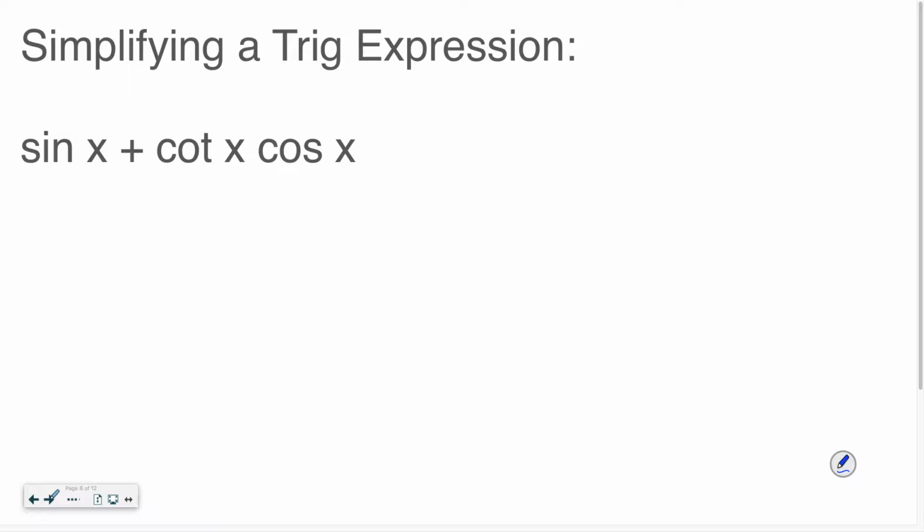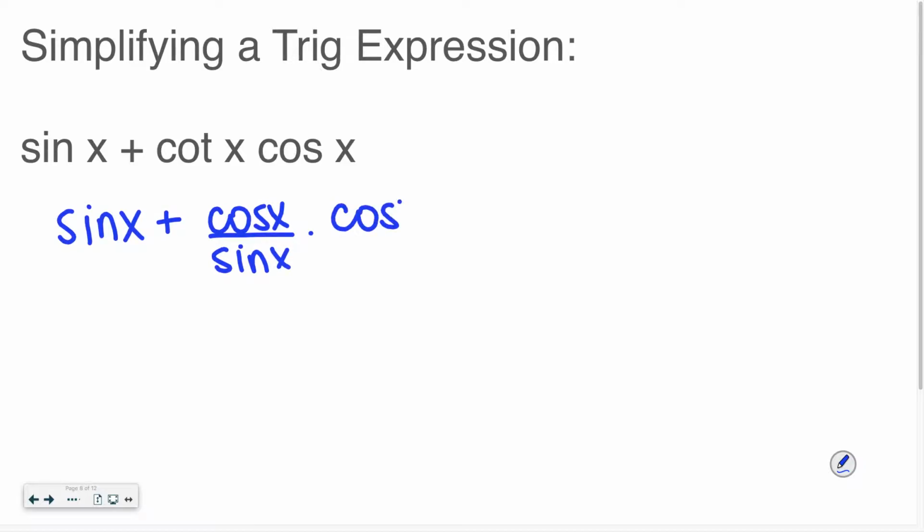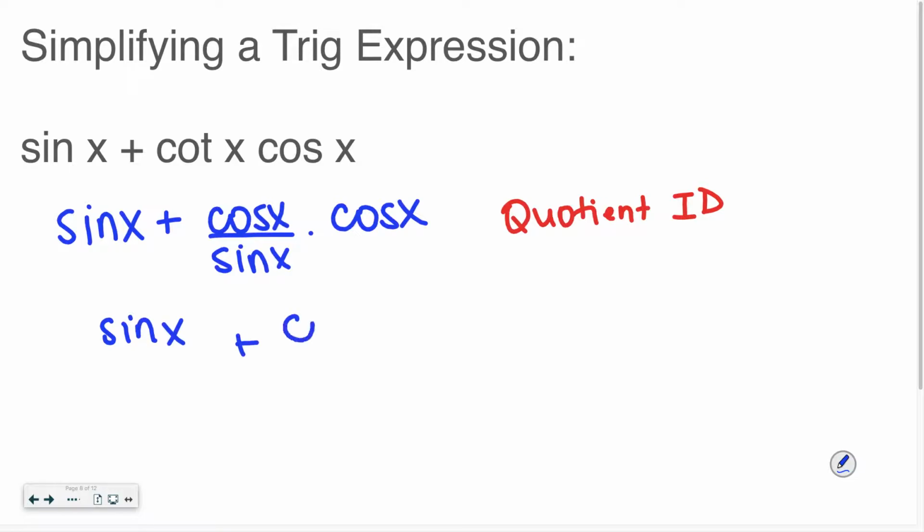Okay, so this cotangent right here, we could change to what? Cosine over sine? Yeah. Okay. So I'm just going to start making little notes to myself, okay? We use the quotient identity here. So what we have is sine of x plus cosine squared x over sine of x.